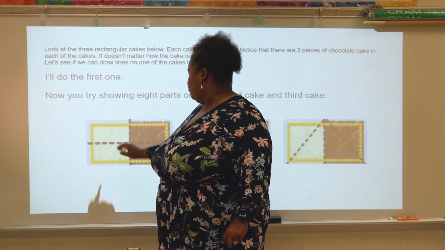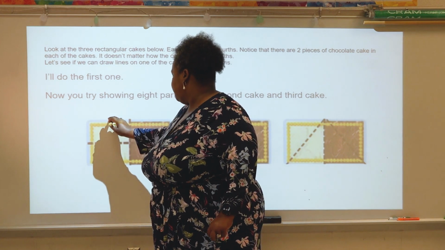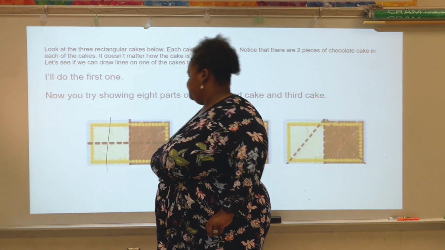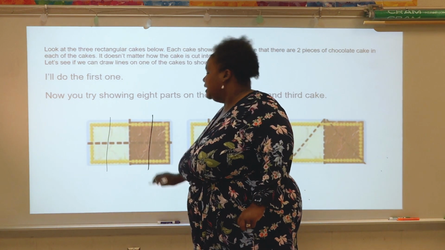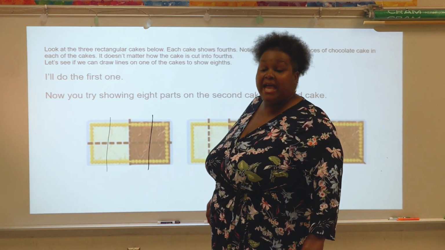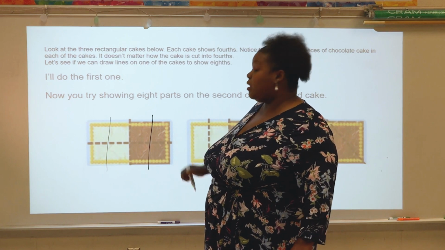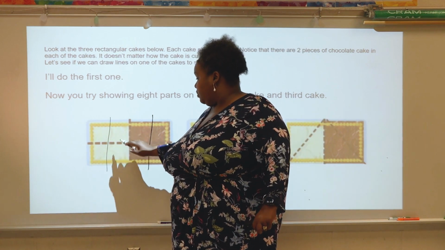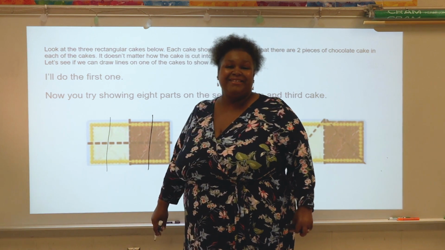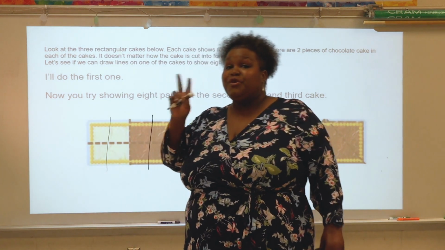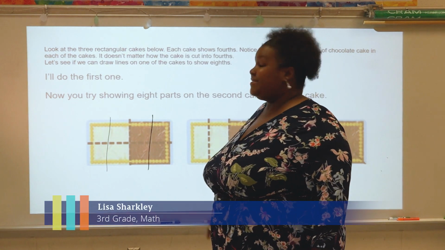If I go straight down here and do another line here, let's see if I made it into 8ths. I'm going to count my equal parts. 1, 2, 3, 4, 5, 6, 7, 8. I made it into 8ths using 2 more lines.